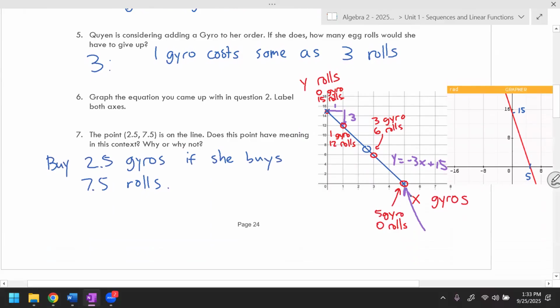It's how many euros we buy if we only buy euros, if we buy 0 egg rolls. And then that's the same thing for the y-intercept. Do we see how we're graphing something other than just time and money over time? Now we've got egg rolls on one axis and euros on another axis, and we're budgeting for that. So some of our homework questions are going to concern things like that. Are we ready for a break? I think you guys all are.